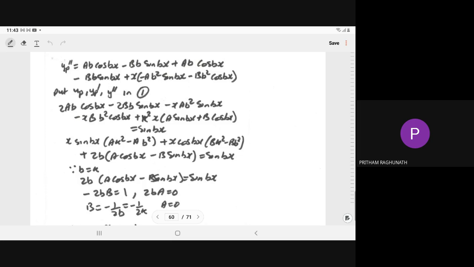Simple. Just put the values of yp dash and yp double dash in the given complete equation.